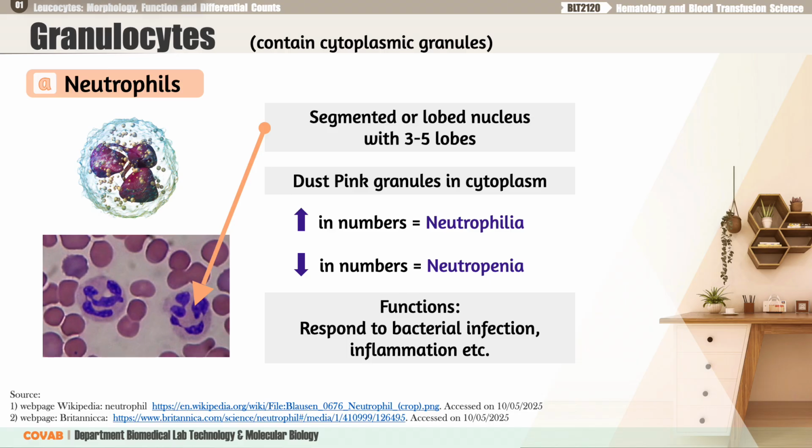An increase in the number of neutrophils in the bloodstream is called a neutrophilia, while a decrease in the number of neutrophils circulating in the bloodstream is called a neutropenia. The functions: the neutrophils respond to bacterial infection and inflammation, among others.